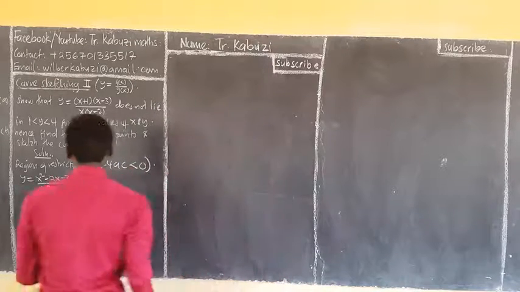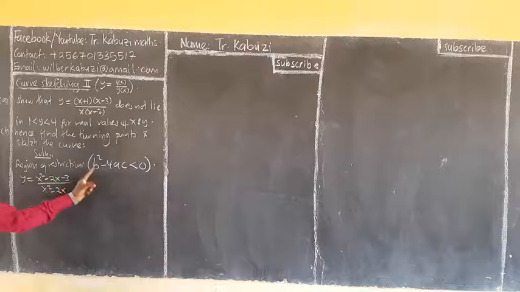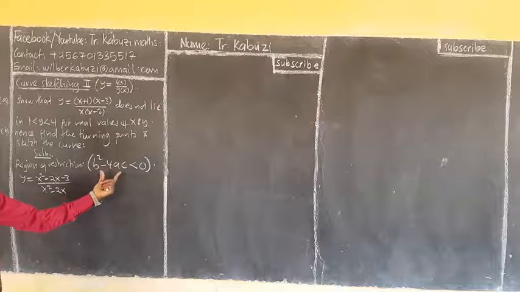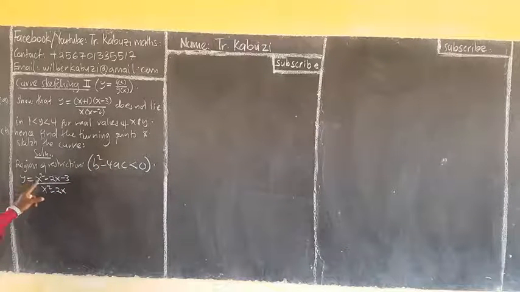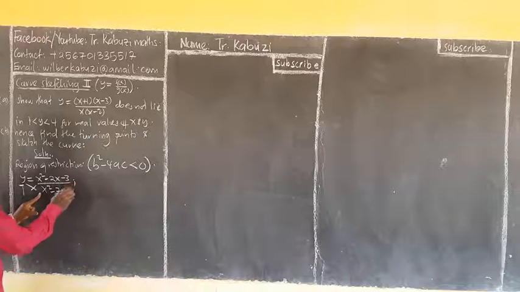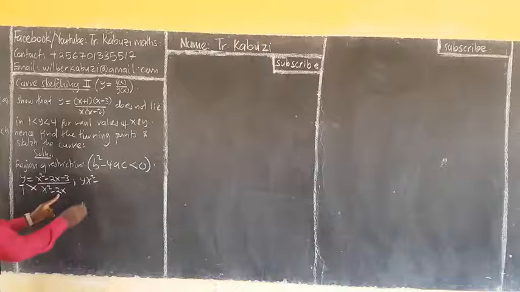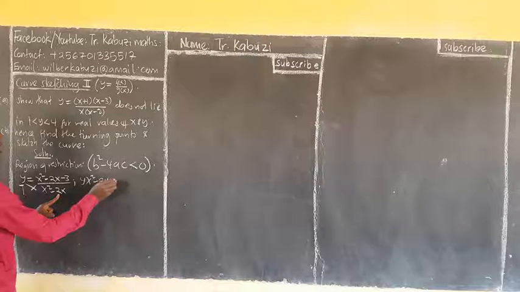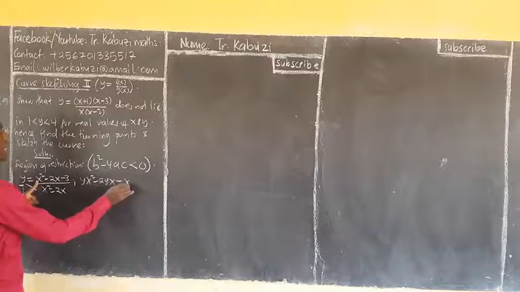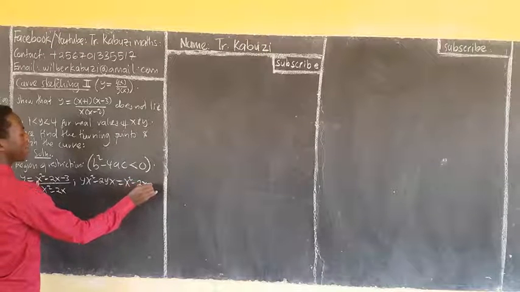So, do this now. We always use these as coefficients in the quadratic equation. So, we form a quadratic in terms of x by cross multiplying. If I cross multiply there, I have yx squared minus 2yx equal to x squared minus 2x minus 3.